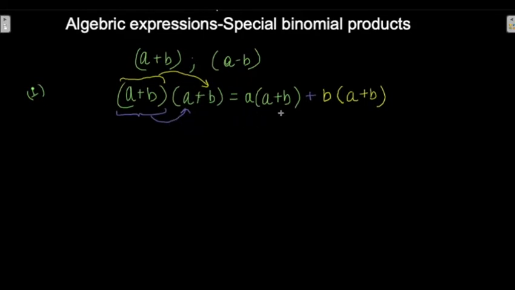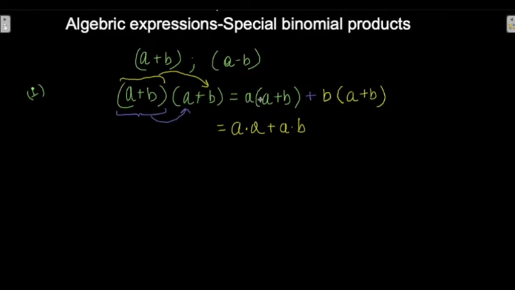Now when we solve this bracket, it becomes A times A plus A times B. Again we are applying the distributive property here.